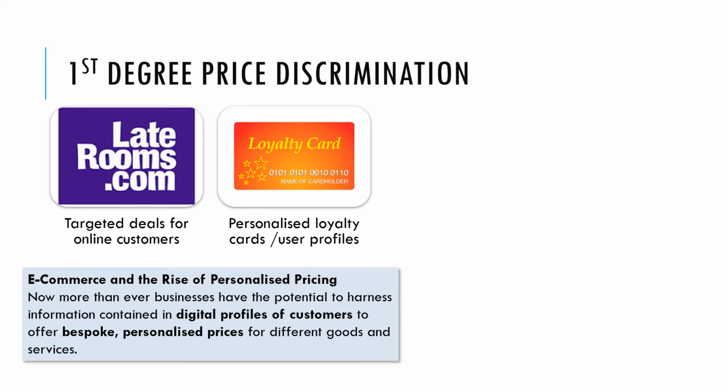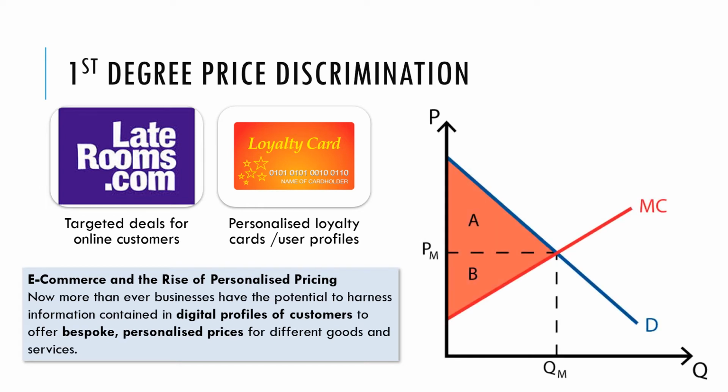What impact would this have in the market? Well, it's quite an interesting one, really. What we're saying is, rather than charging a market price PM, the business will charge each consumer, for example, this consumer or this consumer or this consumer, the maximum price they're willing to pay. So in effect, the economic effect is that the existing consumer surplus, represented by this blue triangle, disappears.